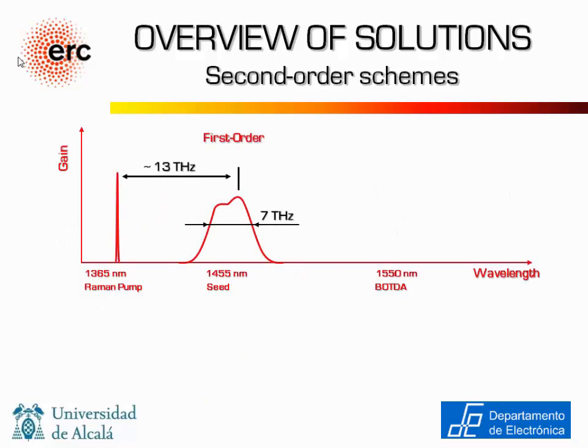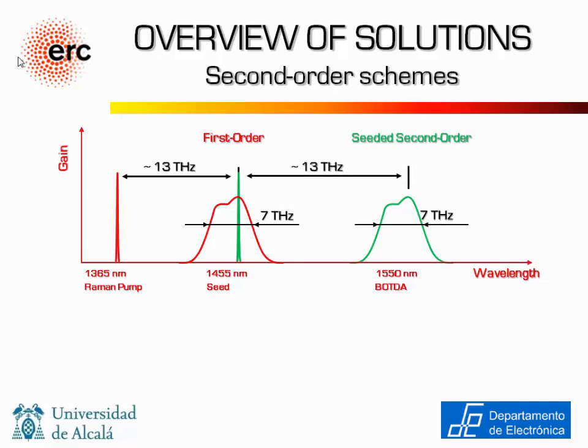There are second order schemes that allow you to even out even more the power evolution along the fibers. This is just having a pump 2 Raman shifts below your B-OTDA signals. With your first Raman pump at 1365, you generate a homogeneous Raman pump along the 100 kilometers at 1455.